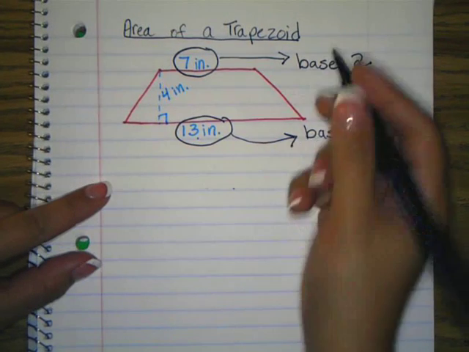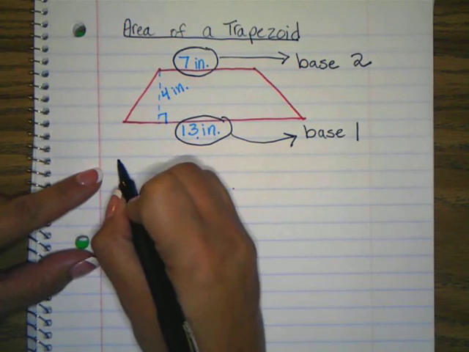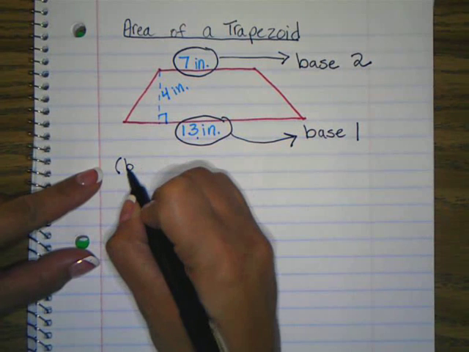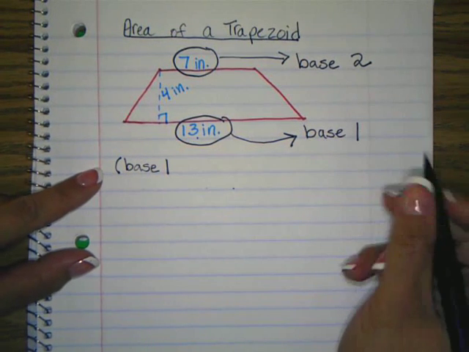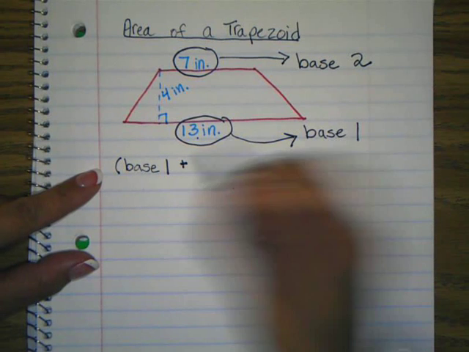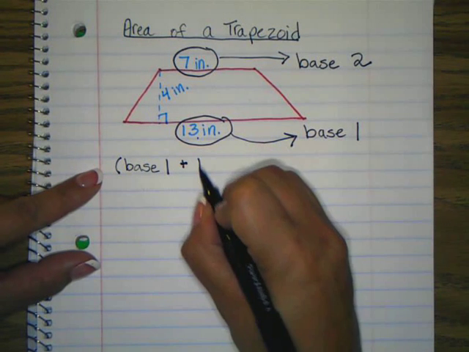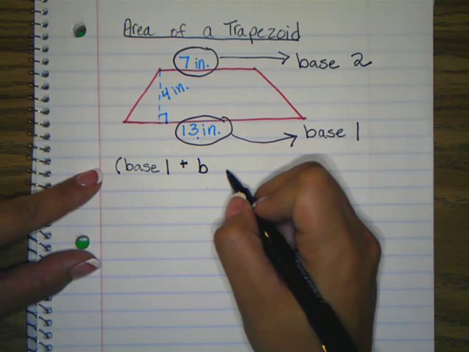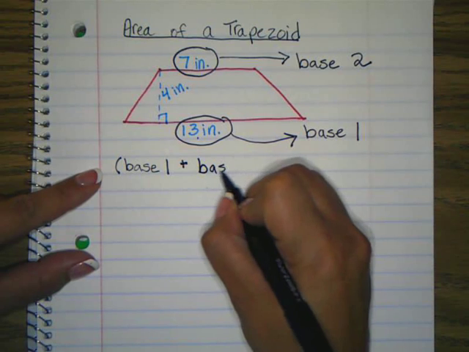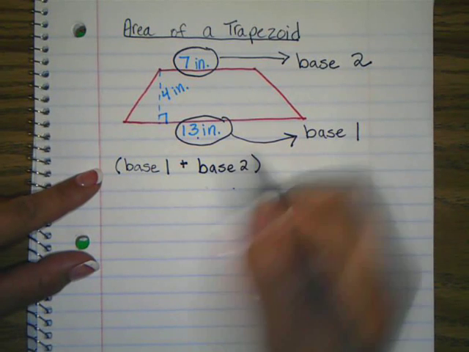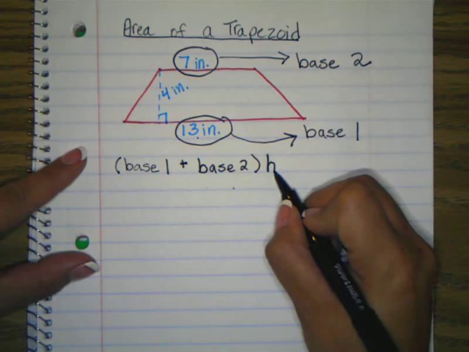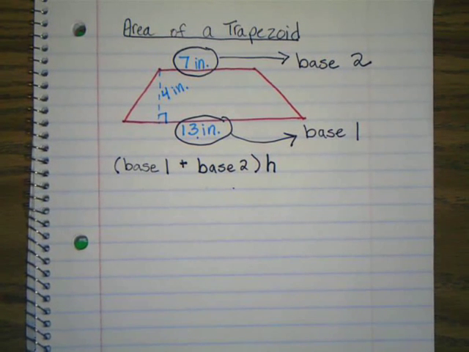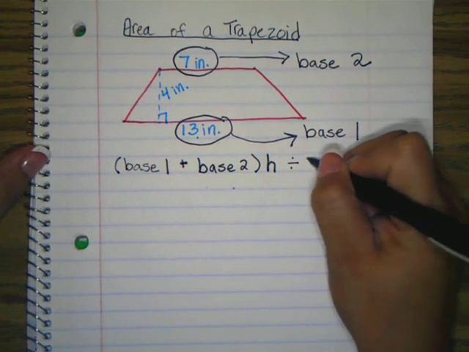So parentheses, base 1 plus base 2 parentheses times h, what is h for? Height. Good job. Divided by 2 equals area.